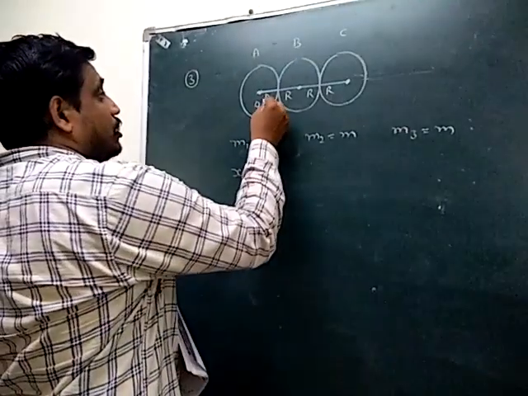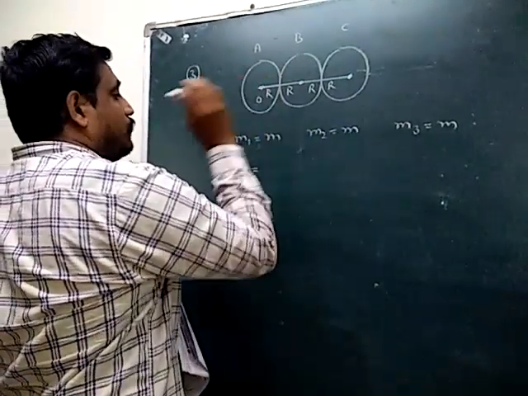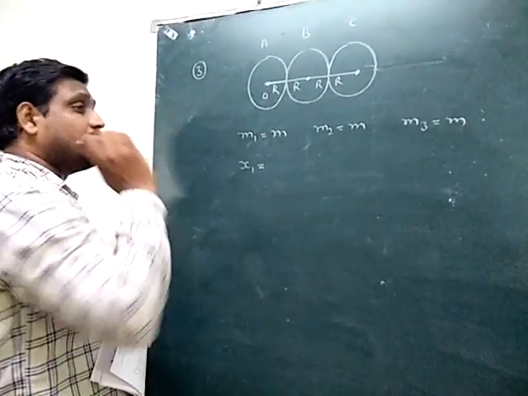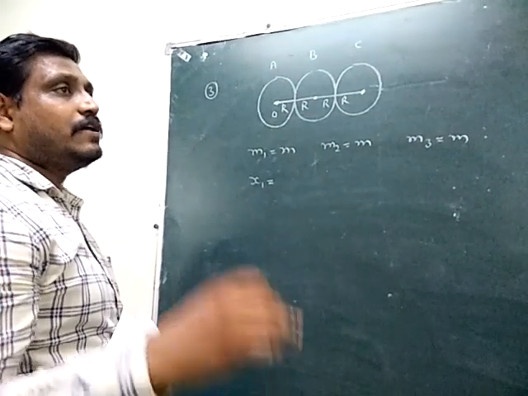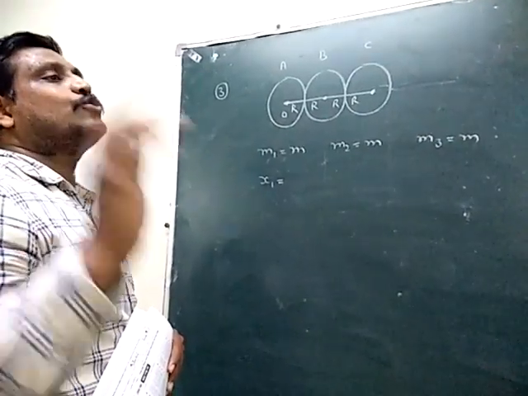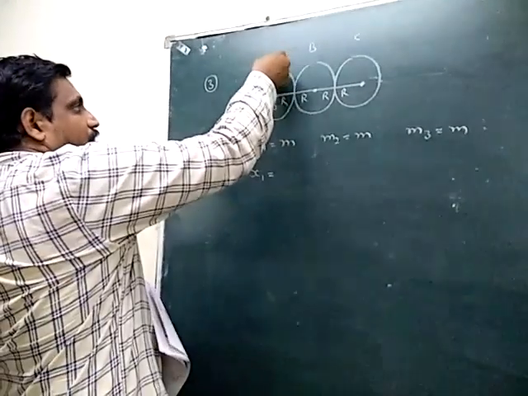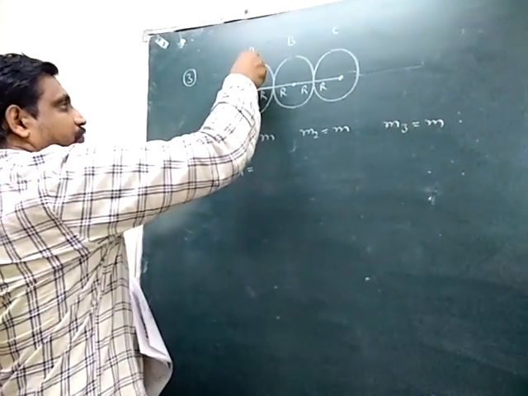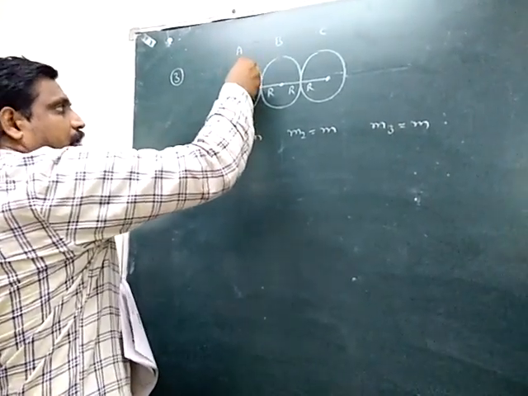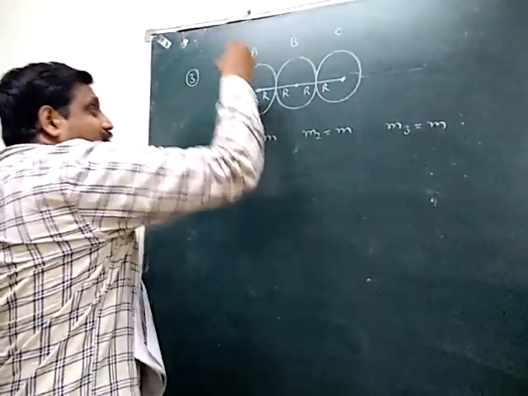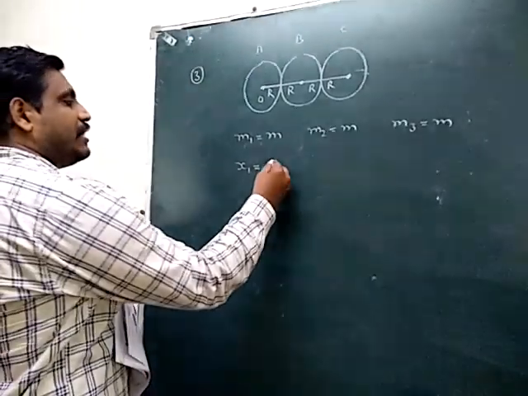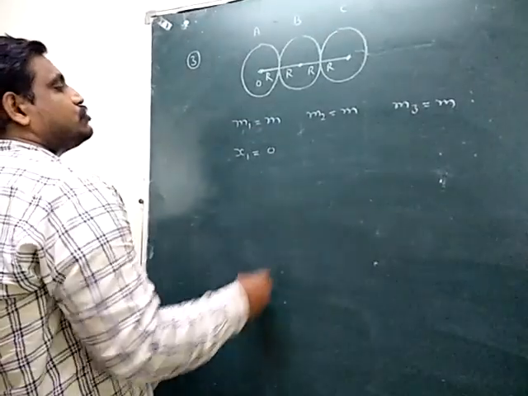x1 means where to where? Distance of first body center to origin. This is the first body, this is the first body center, and the origin is also here. That means the first body center and origin coincide, so x1 becomes 0.